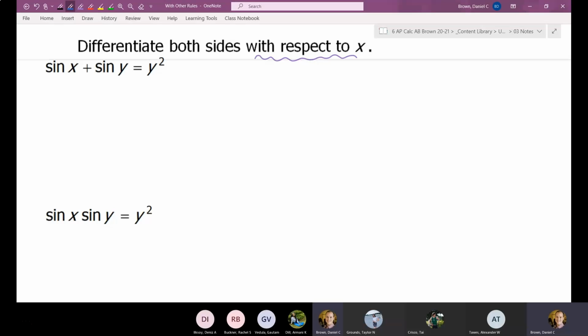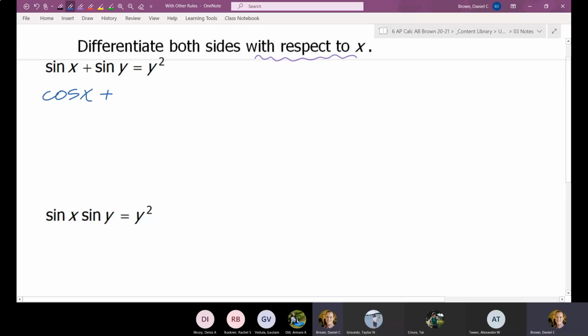So let's look at that first one. We are differentiating both sides with respect to x. So I know that whenever I take the derivative and your variable is not x, we have to think about this thing called implicit differentiation. So going across, the derivative of sine of x, I can do this one as normal. The derivative of sine of x is cosine of x. Plus sine of y, I do need to be careful with this.